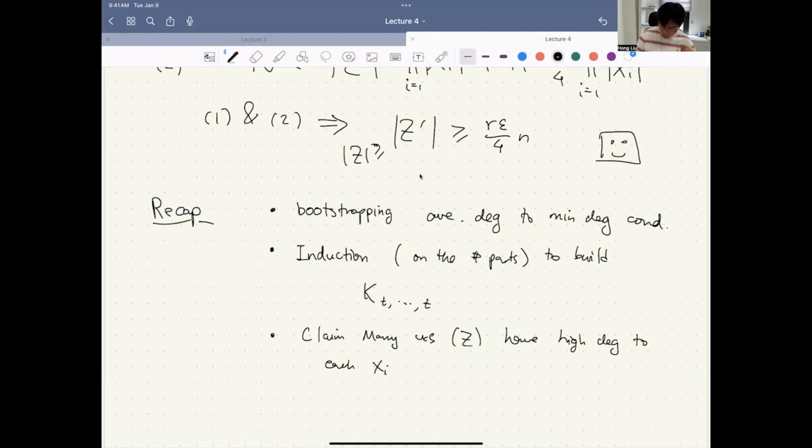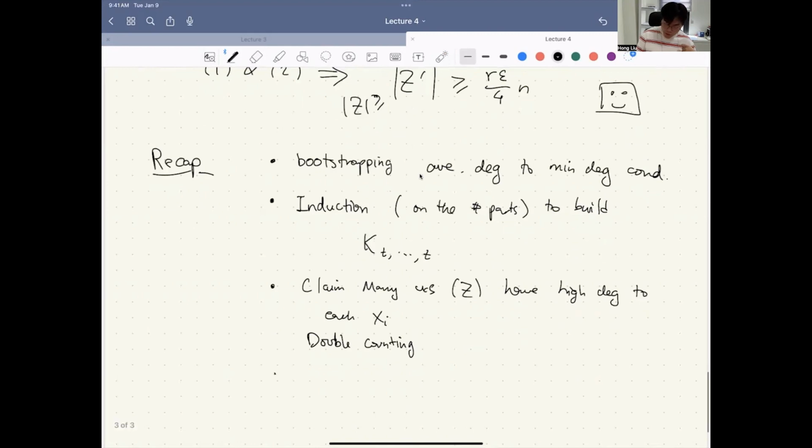So this proof is by double counting the number of stars that we've been doing. And the remaining step, the final step, is the one we did last time.